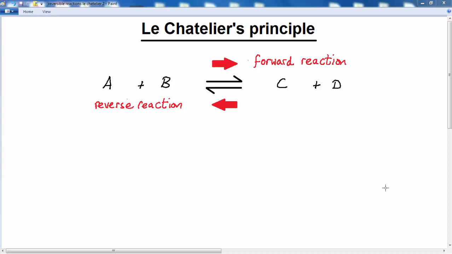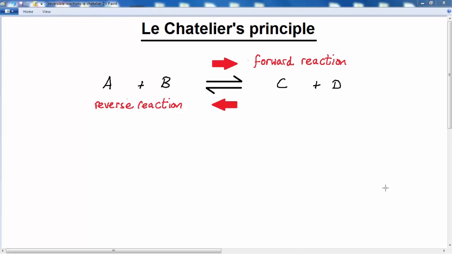Now, Le Chatelier's principle states that if you change any of the conditions of that reaction, such as temperature or pressure or concentration, then the reaction will favour the direction that opposes those changes. So if you increase the temperature, we learnt last lesson, it will favour the direction that absorbs heat and so reduces the temperature.